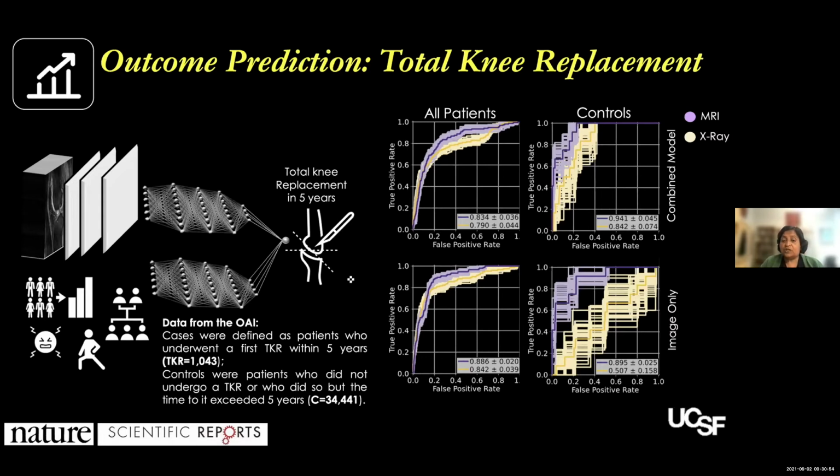So subjects who had no evidence of Kellgren-Lawrence scores or joint space narrowing at time 0 underwent a total knee replacement within 5 years, and the combined model was able to predict that there were, in these groups, some individuals who underwent a total knee replacement. So radiographs do not actually predict the occurrence of severe osteoarthritis. And the reason is clearly that the bone changes occur much later.